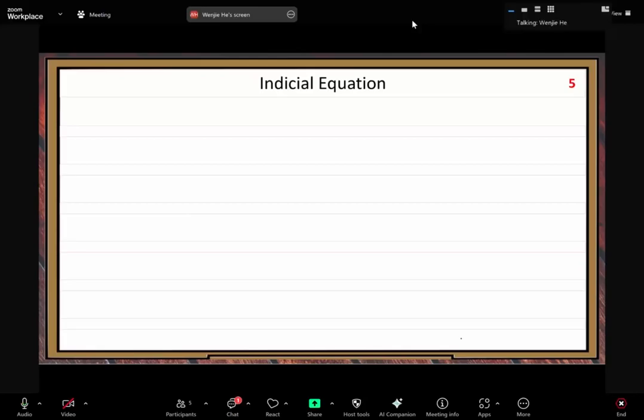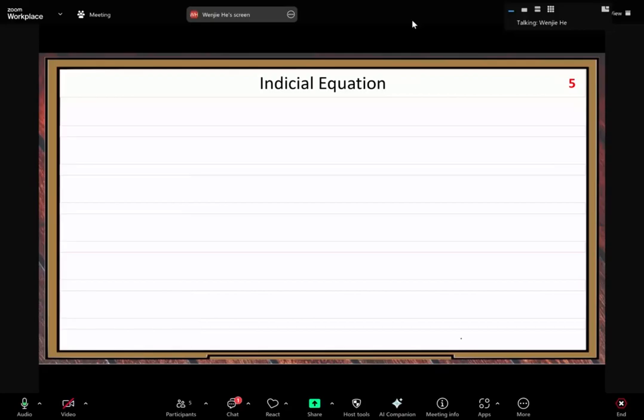The indicial equation. Remember we used the characteristic equation before, when we solved second order ODEs, the lambda characteristic equation. But here, there is an equation similar to that, which we need to use to determine the R value.